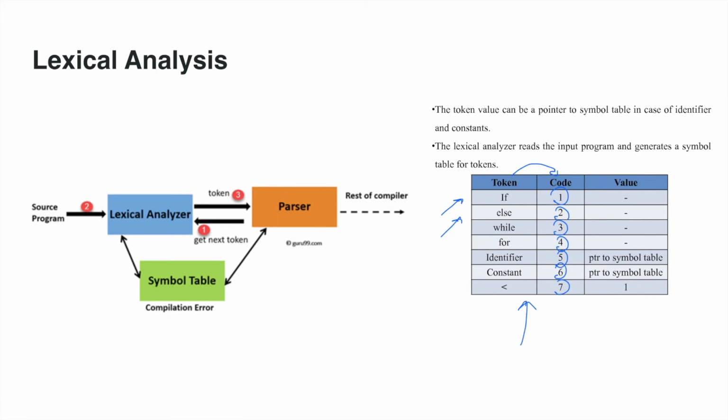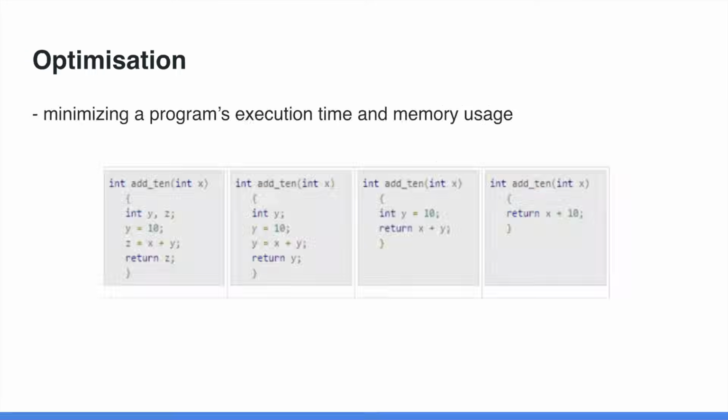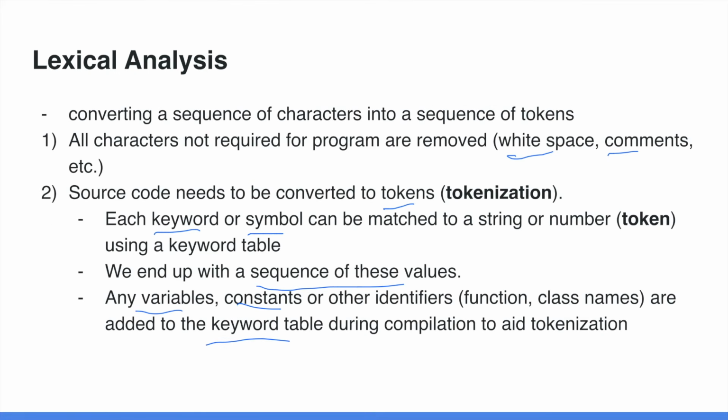We might have an adjacent symbol table in order to have all that stuff that's specific to our program, but you don't need to know much about that. So to summarize lexical analysis, we're converting all of our source code into tokens.